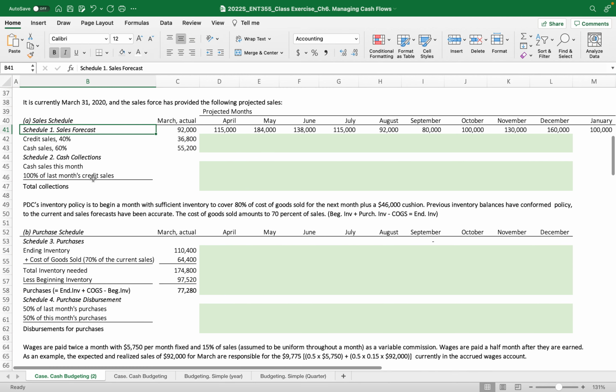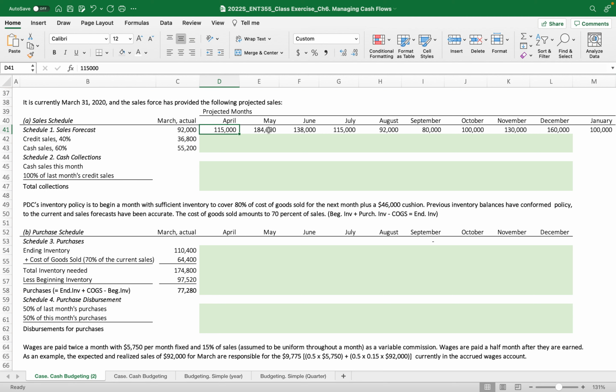Okay, first of all, the sales forecast. We started from March, and then we made this projected monthly sales forecast based on your business projections. And then the sales forecast is comprised of 40% credit sales and 60% cash sales.